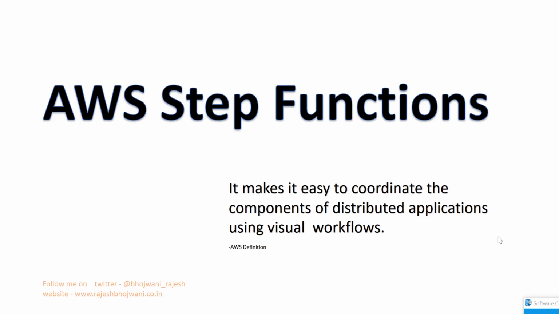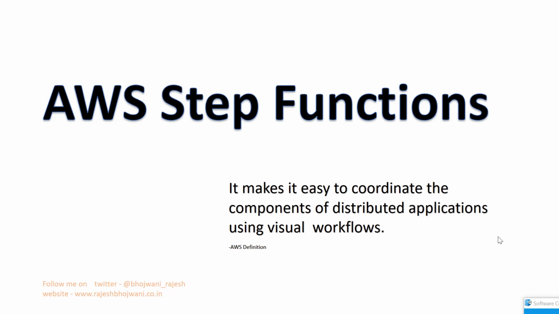So here we have the AWS Step Functions, which help us to address all these challenges and overcome them. I will go with the AWS definition, which says that it makes it easy to coordinate the components of distributed applications using workflow. So not only does it help us to do the coordination of multiple tasks, it helps us to visualize that flow which has been designed.